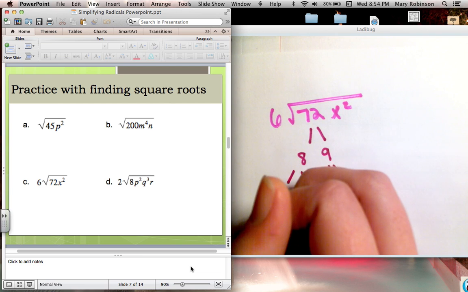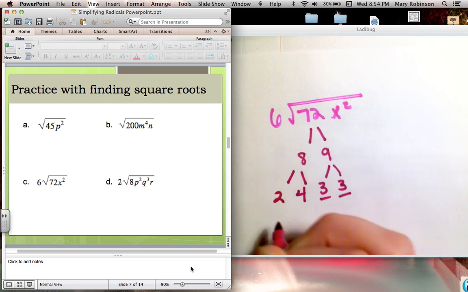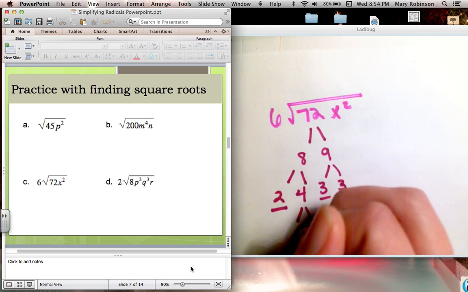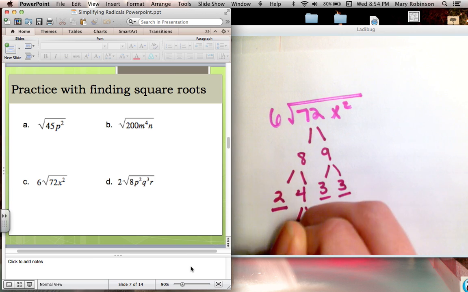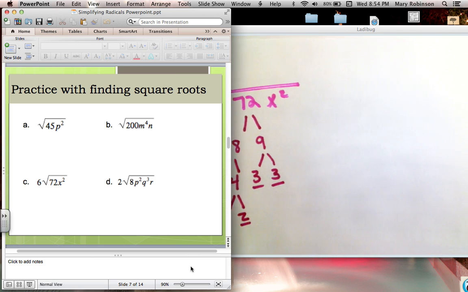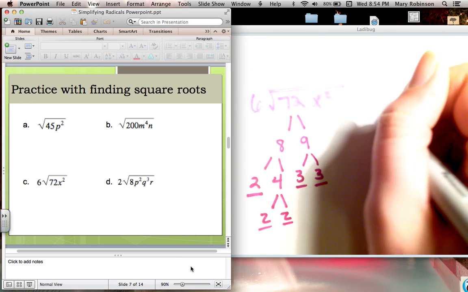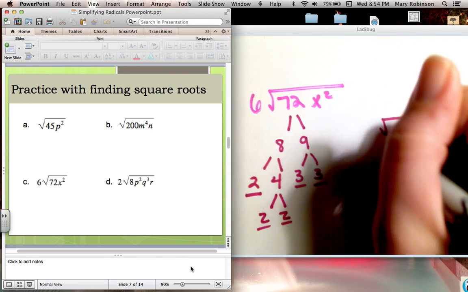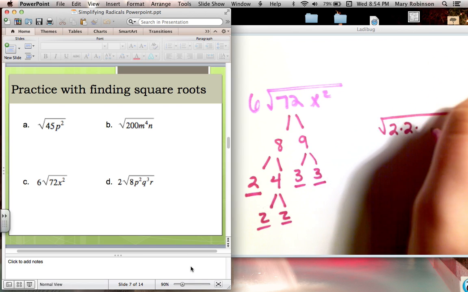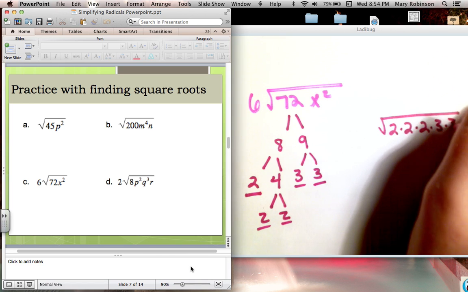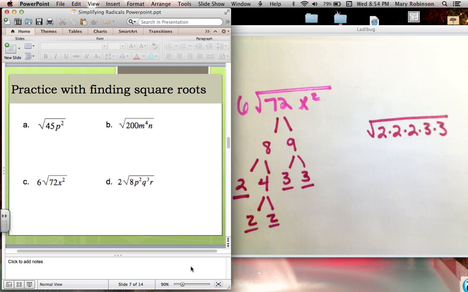8 breaks down to 2 and 4. 2 is a prime number, but 4 is not. You have to know your prime numbers in order to get this. 4 breaks down to 2 and 2, which are both prime numbers. So when I write out my prime factorization, I get the square root of 2 times 2 times 2 times 3 times 3. Okay?